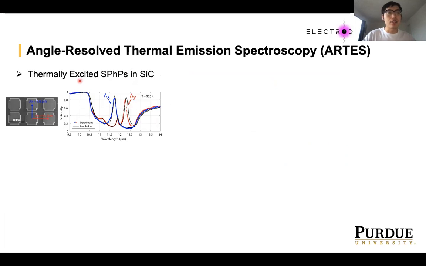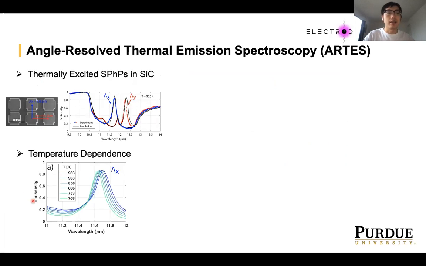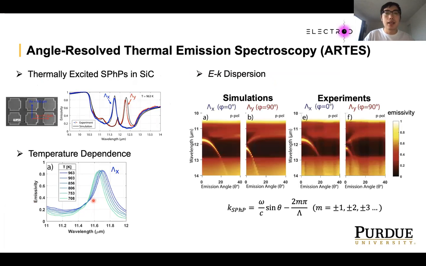For example, we show the thermally excited surface phonon polaritons in silicon carbide by measuring the thermal radiation spectrum. We can also study the temperature dependence of the optical phonon properties by measuring the wavelength shift of the thermal emission peaks. And most importantly, we can show the energy-momentum dispersion of the phonon polaritons by measuring the angle-resolved thermal emission spectrum.